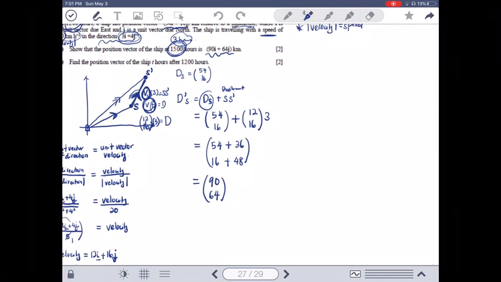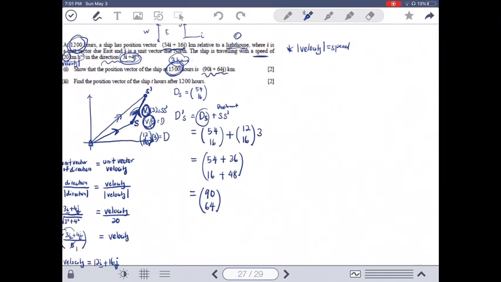So the displacement of the ship after 3 hours is 90i plus 64j.